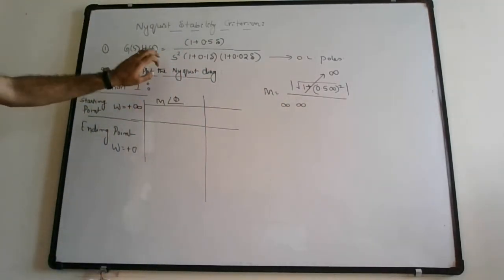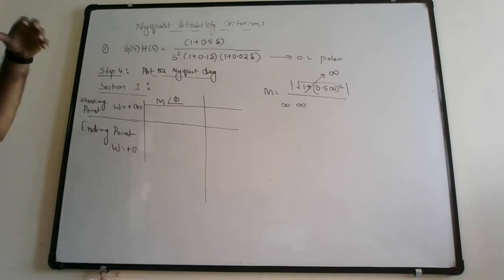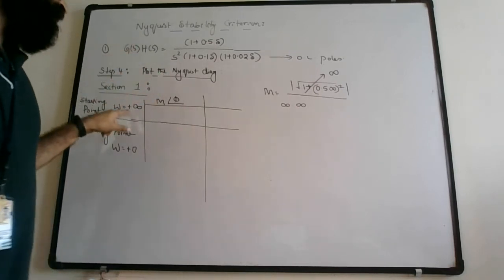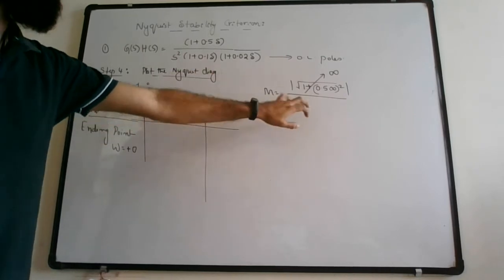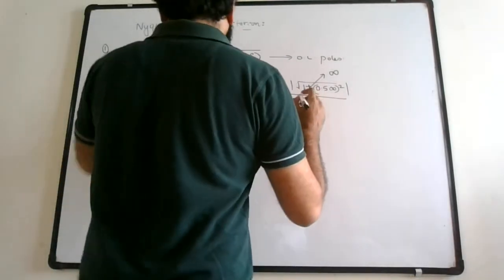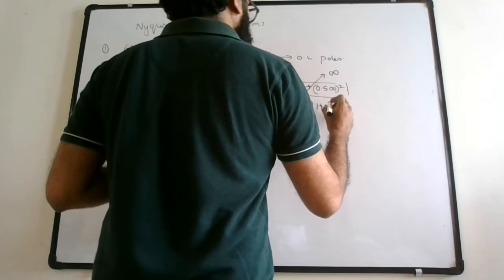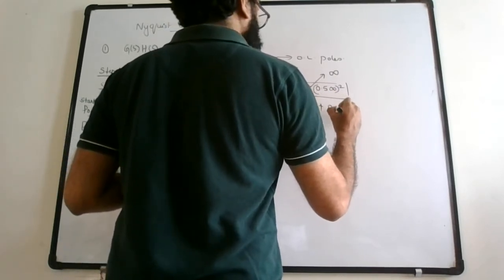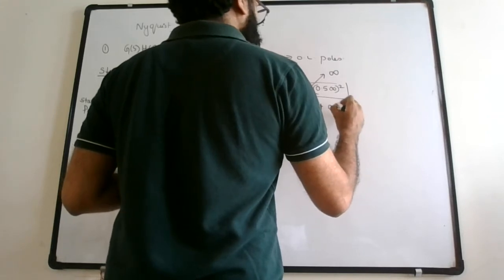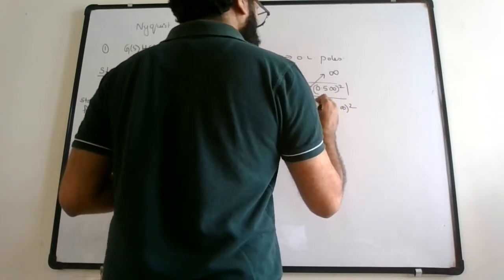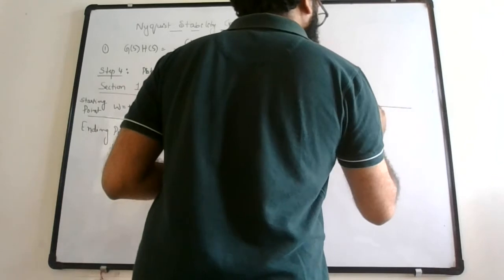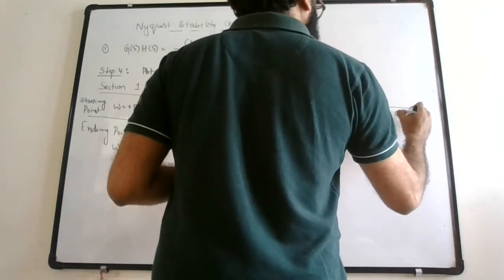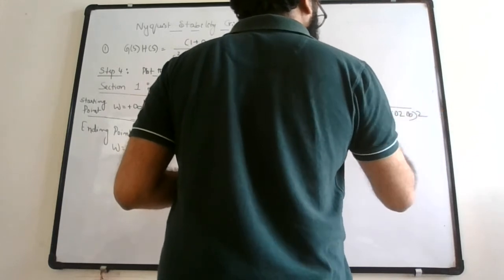S square, so you have mod of j omega into mod of j omega, and omega is plus infinity, so it is infinity into infinity into again 1 plus 0.1 infinity the whole square into 1 plus 0.02 infinity the whole square.